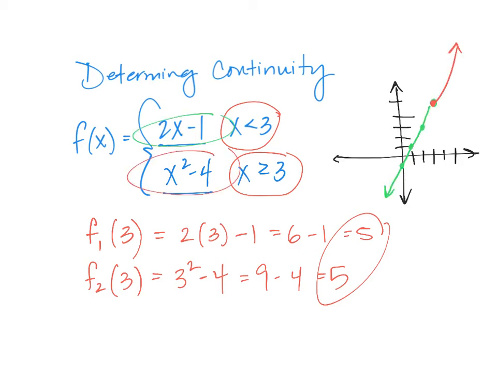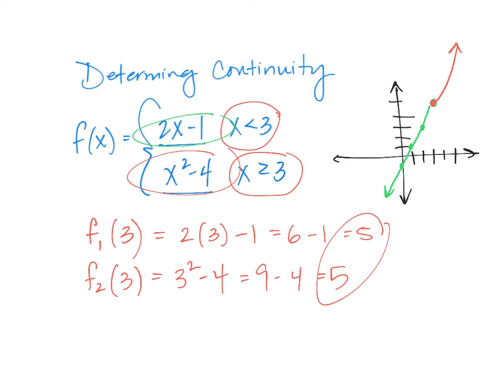You can also always use a graphical approach to check for continuity. If you notice, I've graphed the first branch of the function in green, y equals 2x minus 1. And so that function exists from 3 to negative infinity.